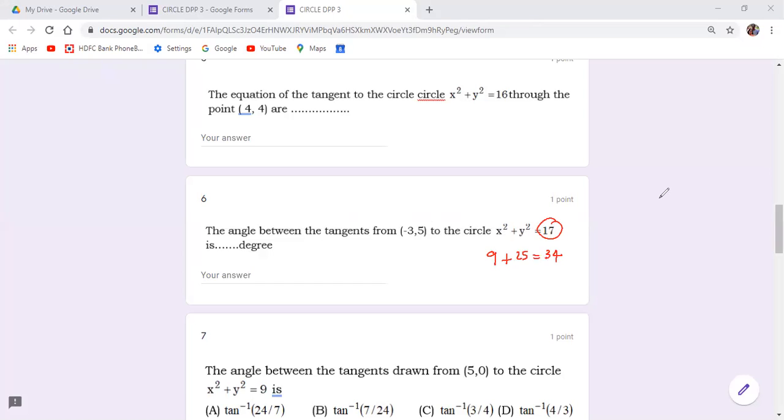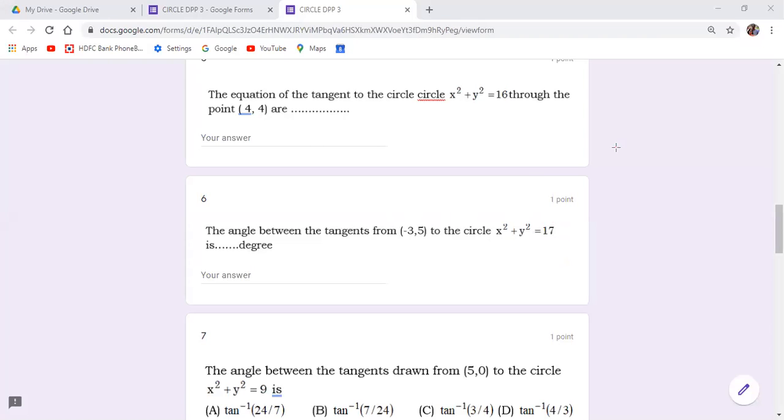What did I say? Substitute the point in the equation, and if you get double of a square, then the lines are perpendicular. Now I'll tell you how it is later on. Today I'll teach you the right method, though this is a shortcut method.